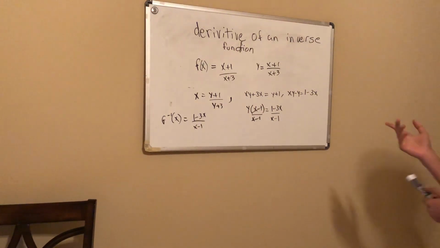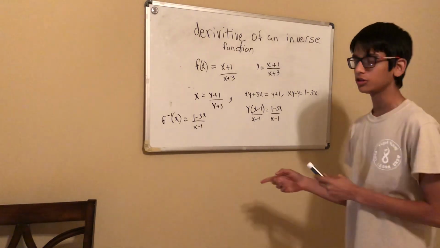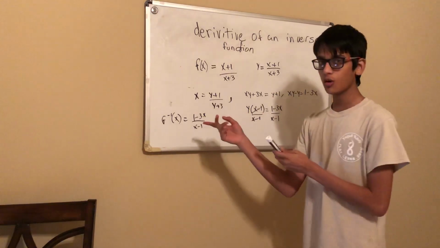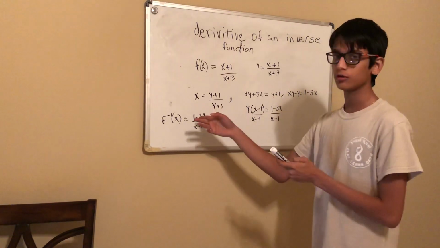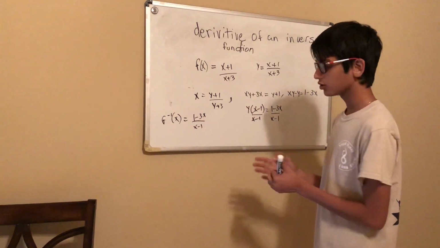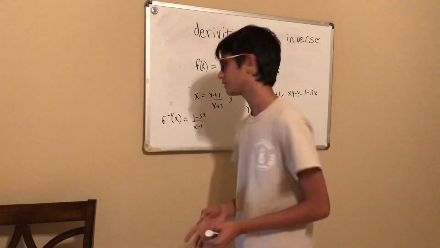So now that we know how to find the inverse function, you should know how to take the derivative of this function if given this, right? But there's some functions where you can't take the inverse, right?